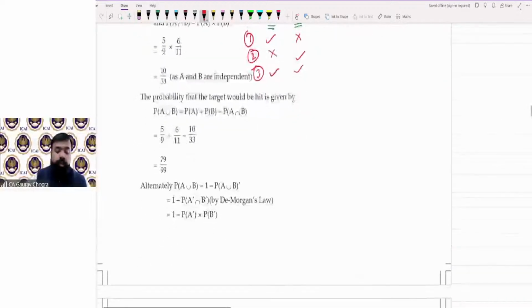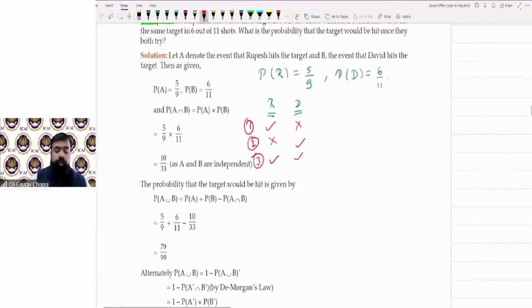The first is by applying this method. The other one is: if all these three are favorable, then there is one more case, the fourth one, which is not favorable, in which neither Rupesh nor David is hitting the target. So in total, there are four possible outcomes. So these become exhaustive events.